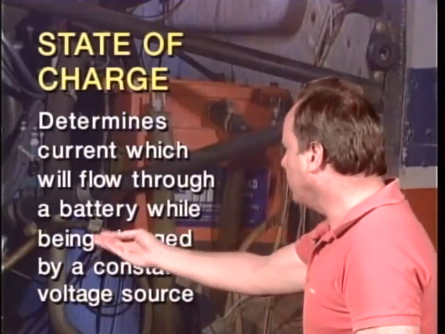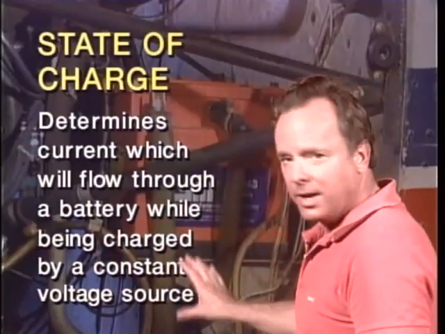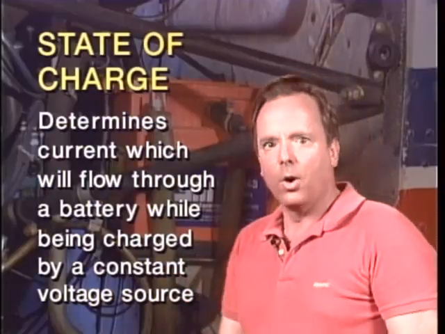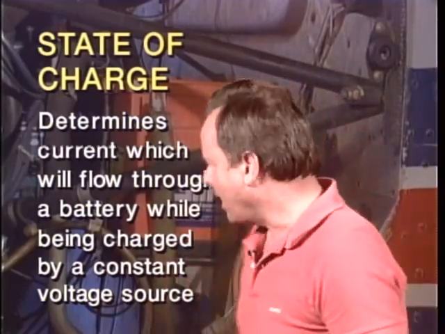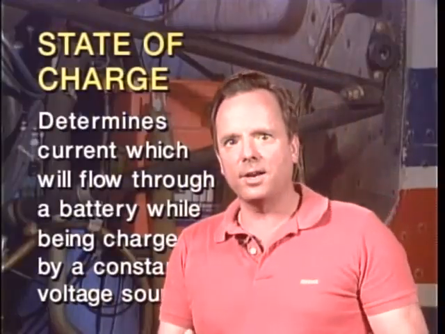Now, the state of charge determines the current that will flow through a battery while it's being charged by a constant voltage source. Now let me explain that just a little bit. A constant voltage source is like a charger or a generator or an alternator in the aircraft. And the generator or alternator puts out a constant voltage, we'll say 14 volts.